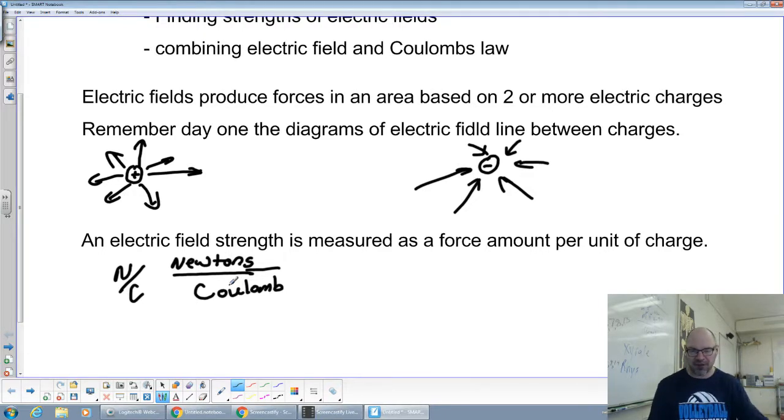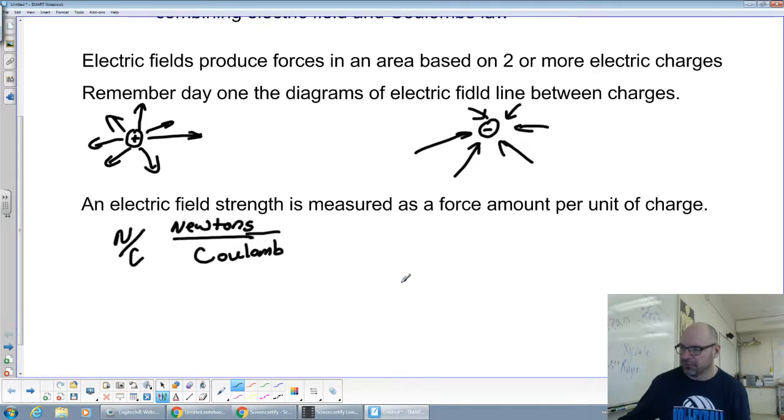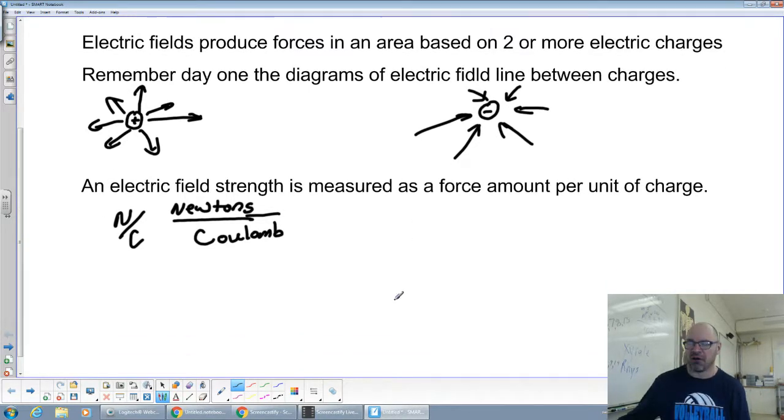Okay, and how we find an electric field strength is it is basically calculated by testing how much force you have on a positive test charge.